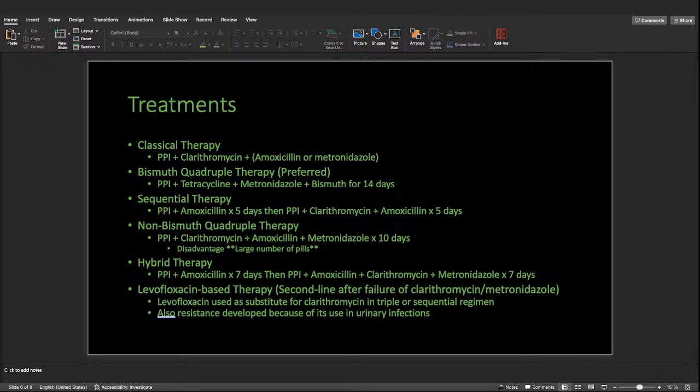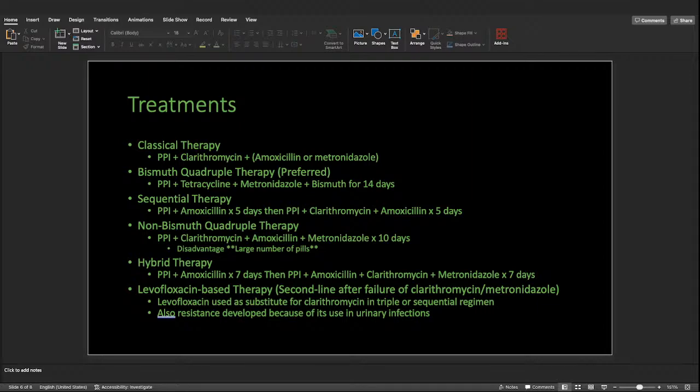So this quadruple therapy regimen is a preferred first-line therapy, and it can also be used as a backup, I guess you could say second line, for someone who is already on the triple regimen with clarithromycin and it's not working for them.